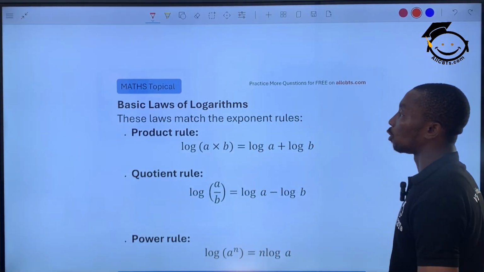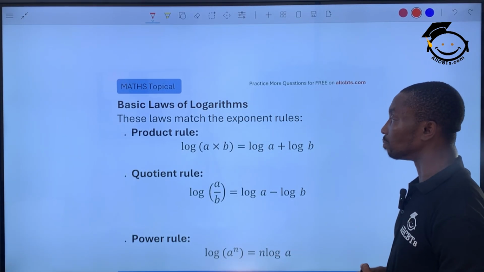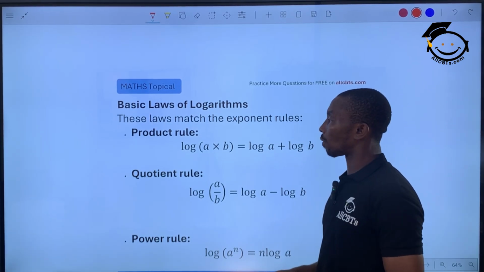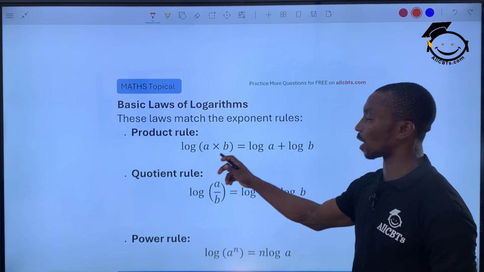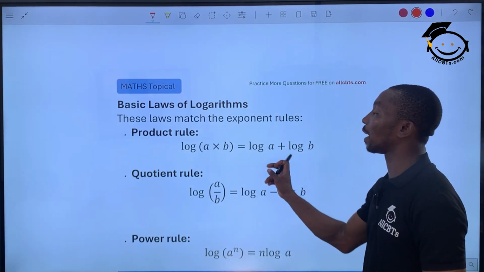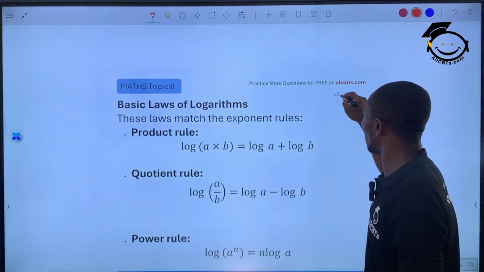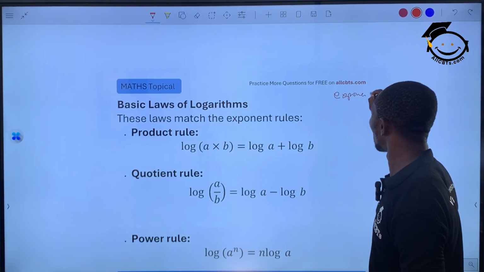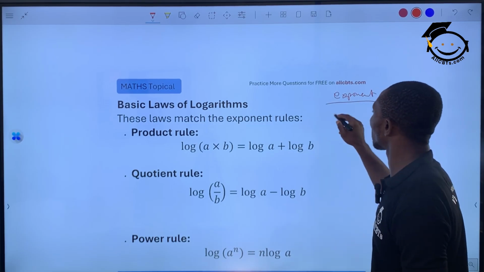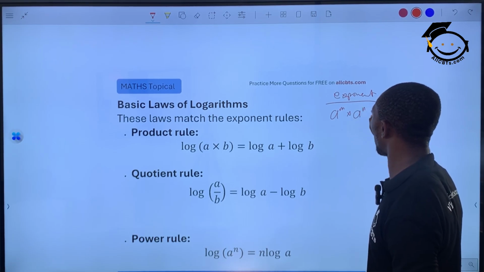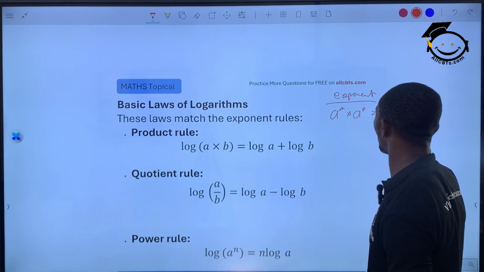Okay, now looking at the laws of logarithm. First is the product law. Our product law says log of A times B gives us log A plus log B. In exponents, we have A raised to the power m times A raised to the power n to give us A raised to the power m plus n.